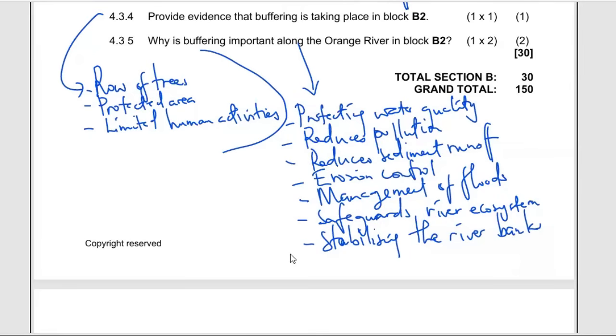Those are some of the things that we can talk about as the importance of buffering for a particular river, like the Orange River. We try to demarcate, or we try to put a boundary along the river so that we attain water quality, we reduce pollution into the river, we also reduce sediment runoff that is likely to be deposited into the river, we control erosion, we manage floods, we safeguard the ecosystem of the river, and all those are benefits.